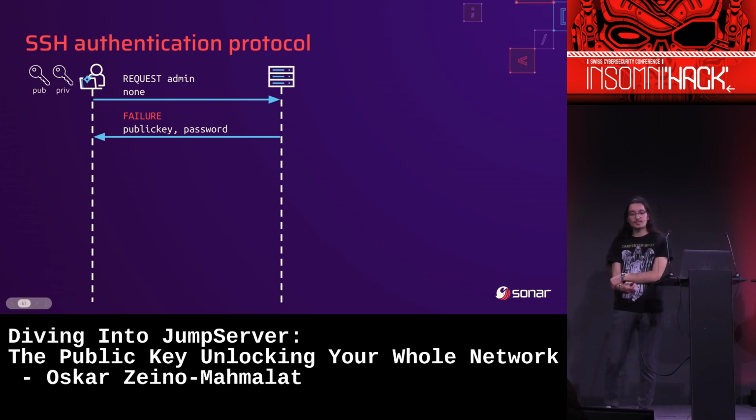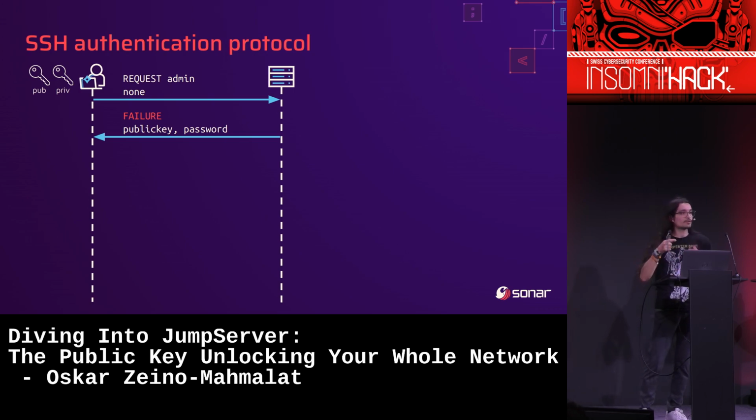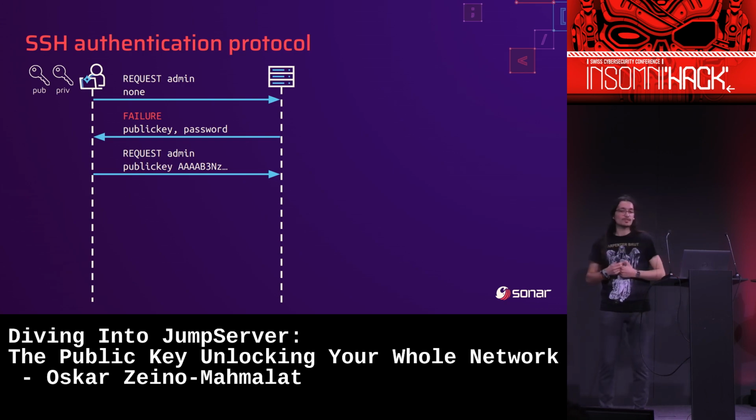The client uses this to ask for the list of available authentication methods from the server, because with every failure message, the server replies with the list of available methods. So this is basically a roundabout way to say, please give me the list by requesting the non-authentication method. Now the user knows, hey, the server supports public key and password. So let's just use public key, for example. So I'm requesting, I want to log in as admin, and I want to use this public key.